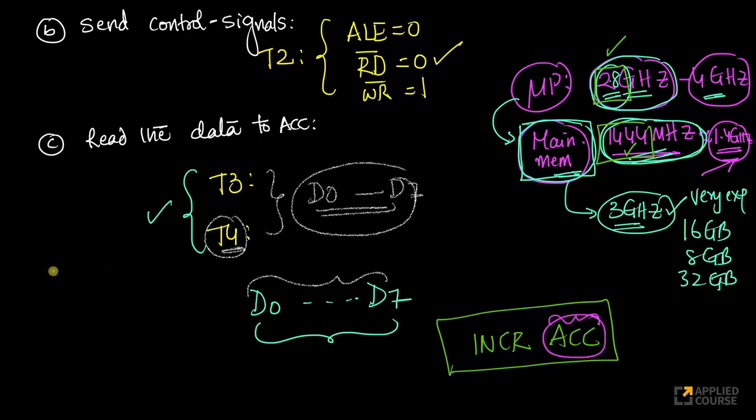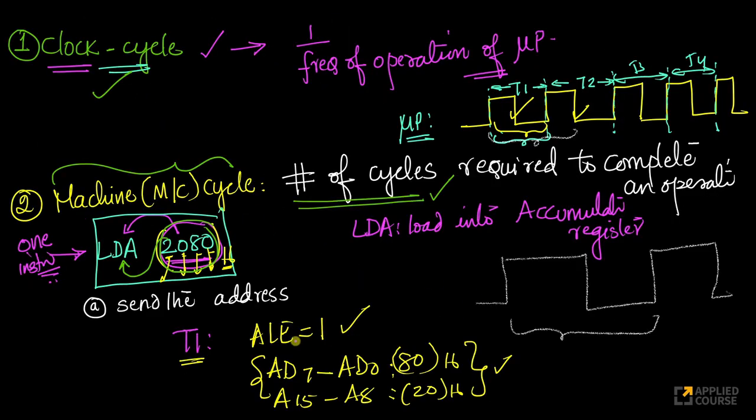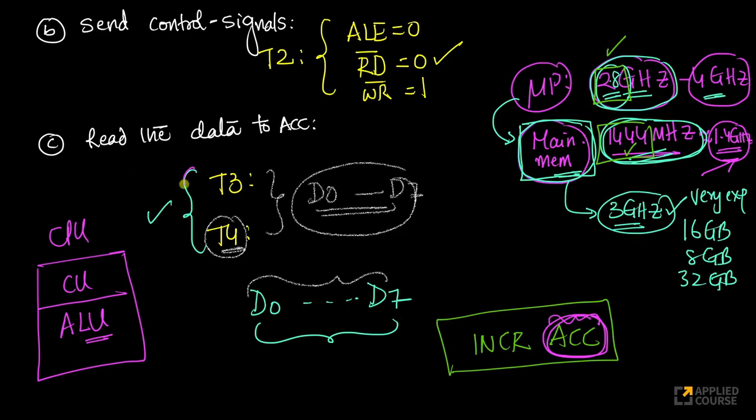The CPU broadly has two units. One is called the control unit. The other is called the arithmetic logic unit, which performs all arithmetic and logical operations. So incrementing the accumulator can be done in far fewer than 4 cycles, because I don't have to wait for the RAM to send me data, and RAM is a slower device.